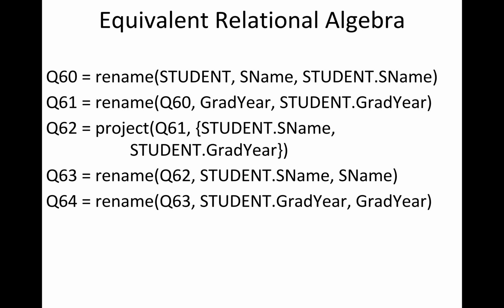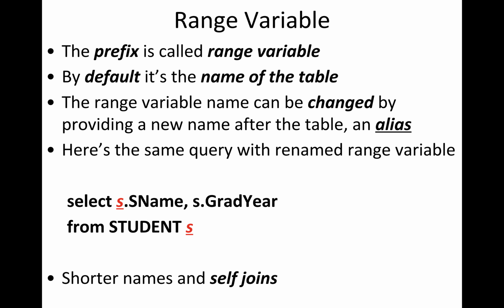It's fairly more complex. It's a combination of both select and projections. Range variables: these table names are either necessary or not, depending on whether you just have one table, and you just need them if you need to disambiguate.